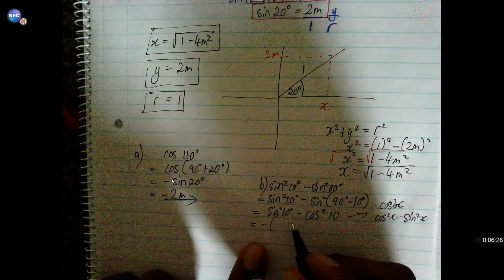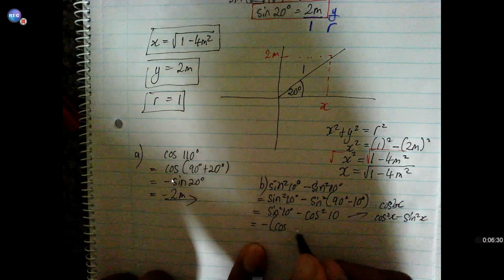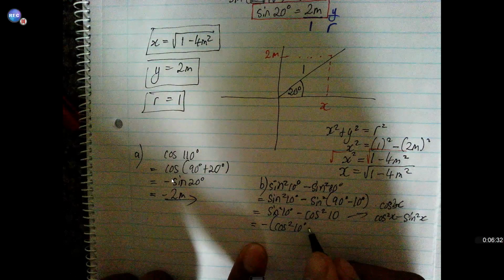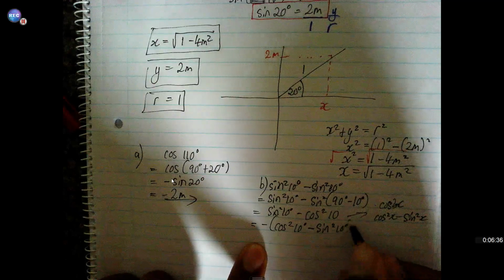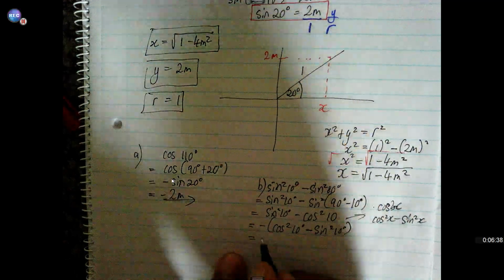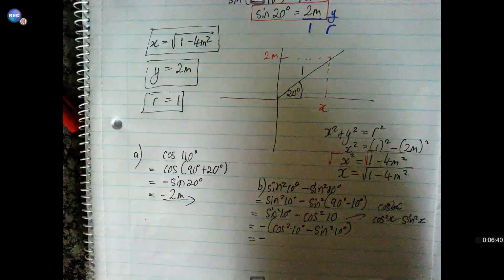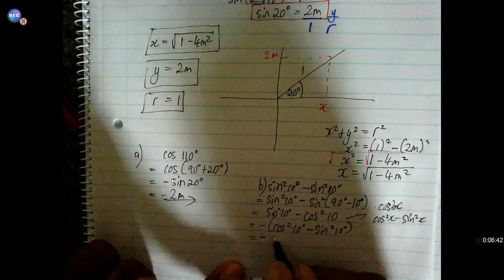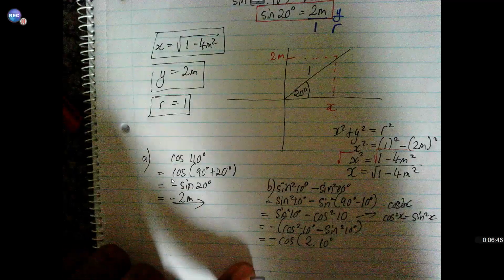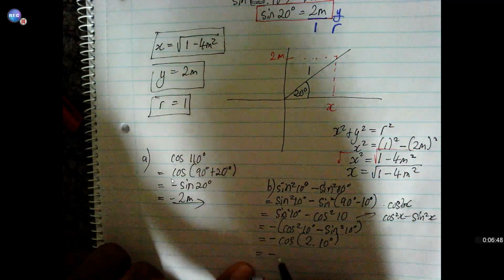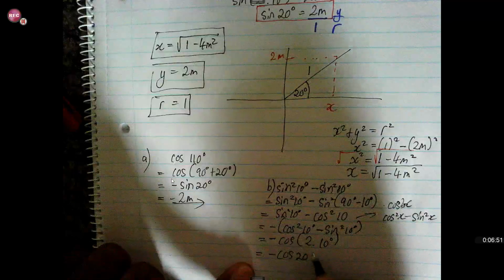Then you are going to have cos squared 10 degrees minus sine squared 10 degrees. Then this is going to be an identity of what? Of cos 2 multiplied by 10 degrees. So this is going to give you minus cos 20 degrees.